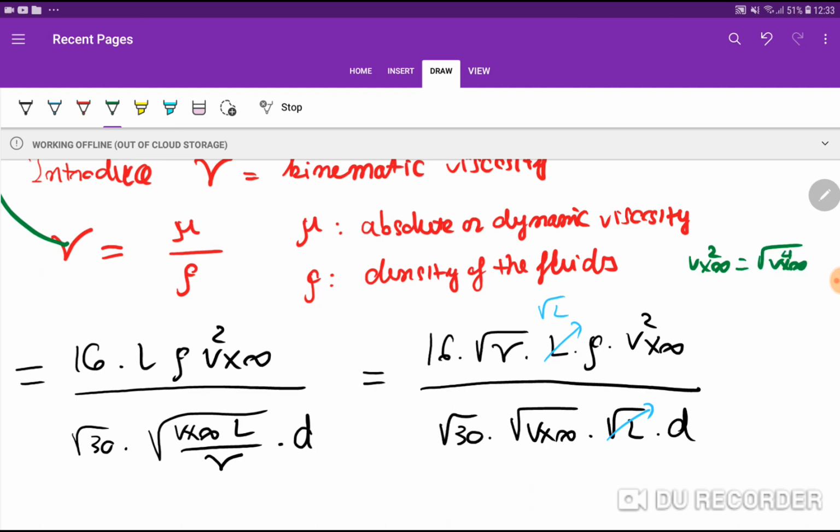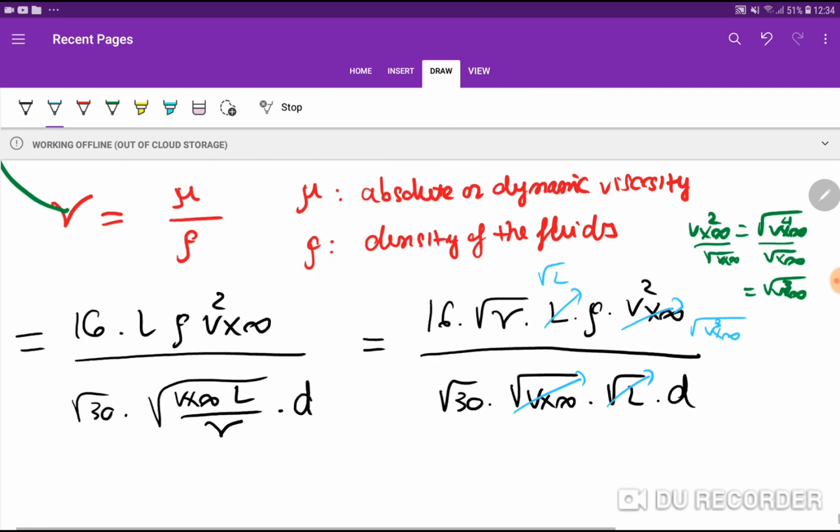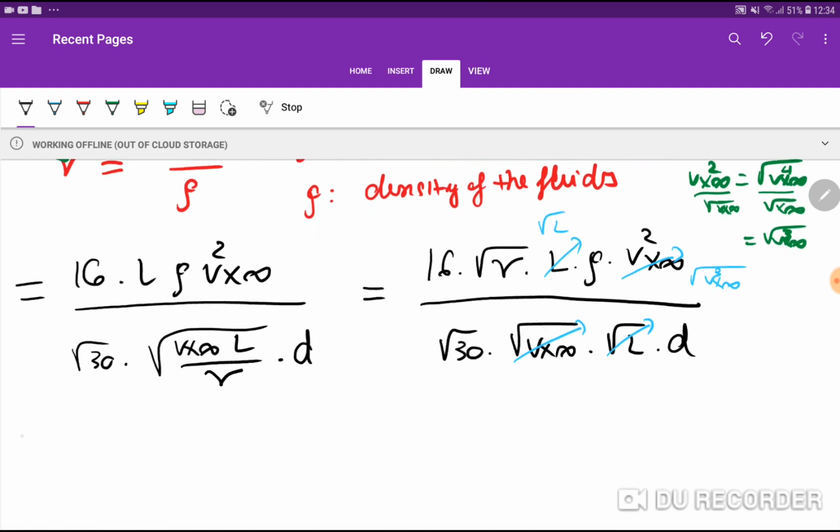If you divide by square root of Vx infinity, you get square root of Vx infinity to the power of 3. It means this term right here cancels out, and this becomes square root of Vx infinity cubed. Can we do anything further? No, we cannot. So let's simplify it.